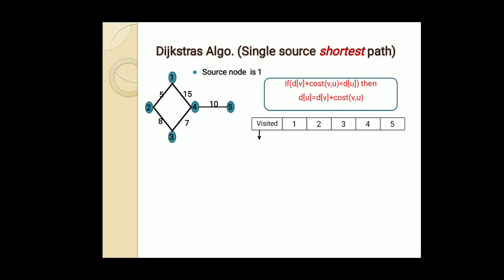Those would be marked as unreachable, that is u for us, right?